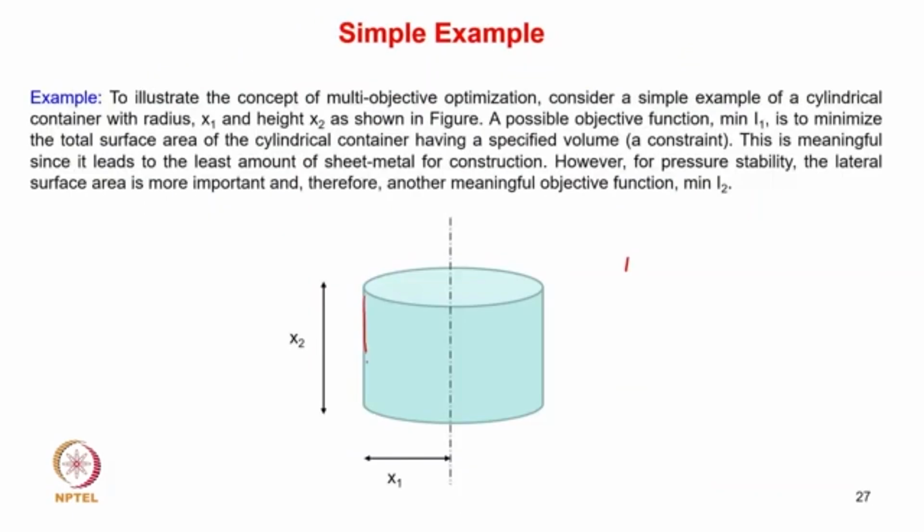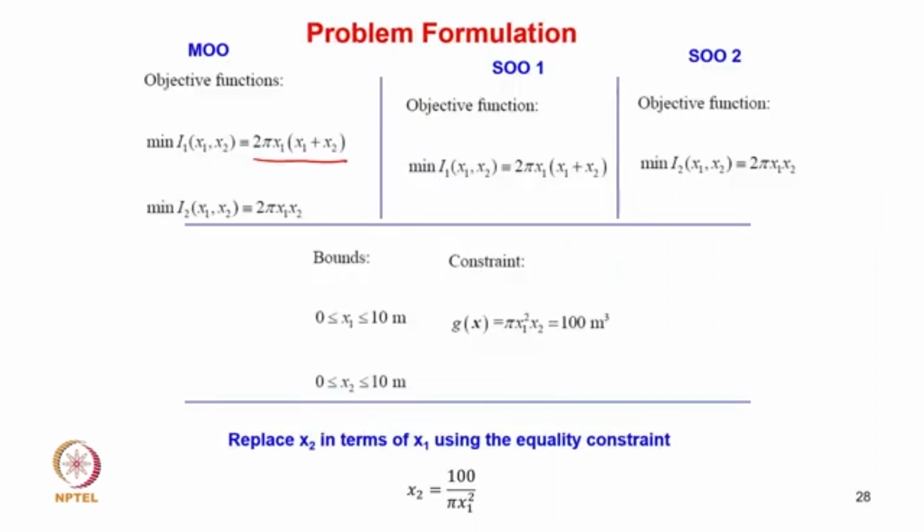So this surface area is critical for pressure stability, isn't it? That is why it is minimized separately, whereas the total surface area, this entire surface area, is important because this leads to the least amount of sheet metal for the construction. So both these objectives are equally meaningful.